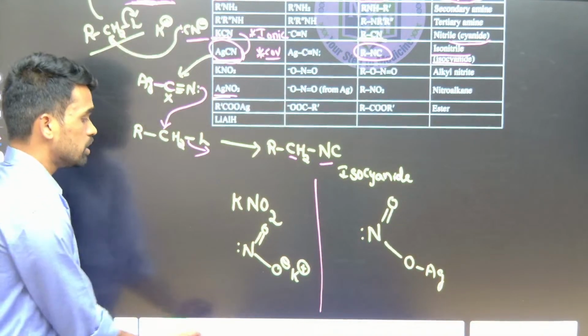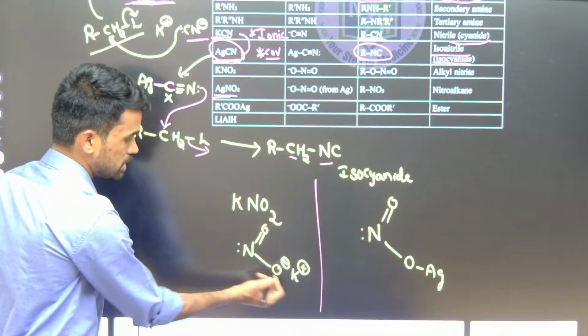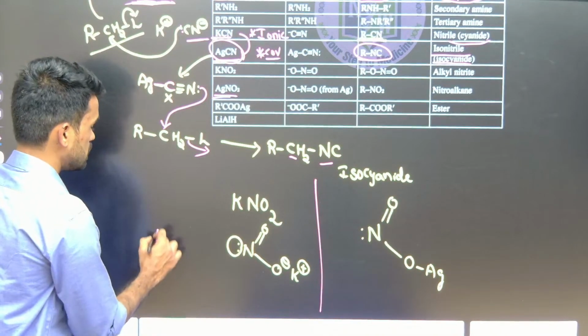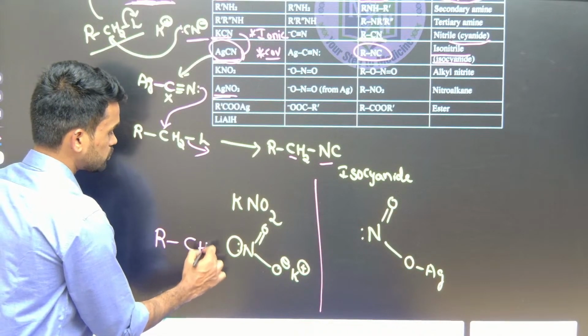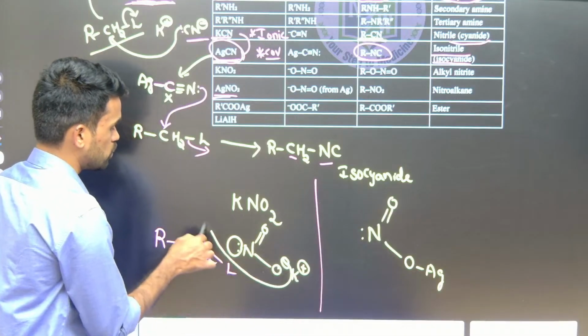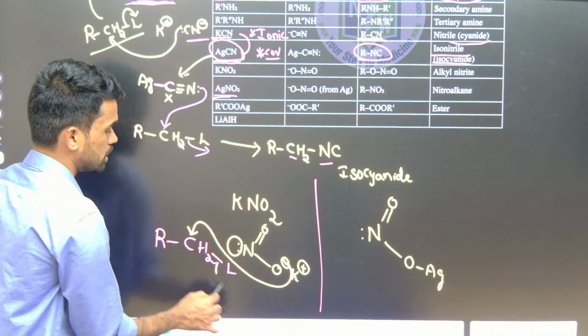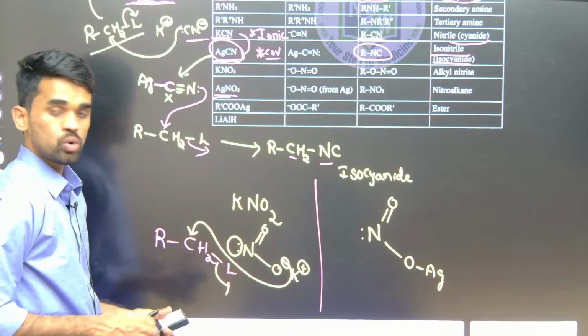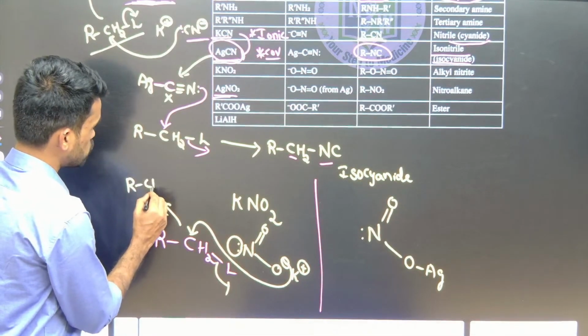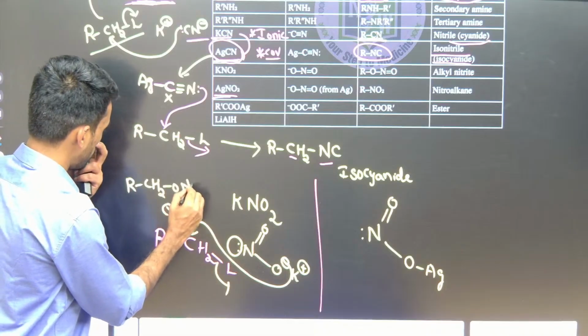Now look, what is the free site here? Nitrogen is a free site, and oxygen is also a free site. So when it reacts with a substrate like this, the negatively charged oxygen will attack because of more electron density, forming an RCH2ONO type product.